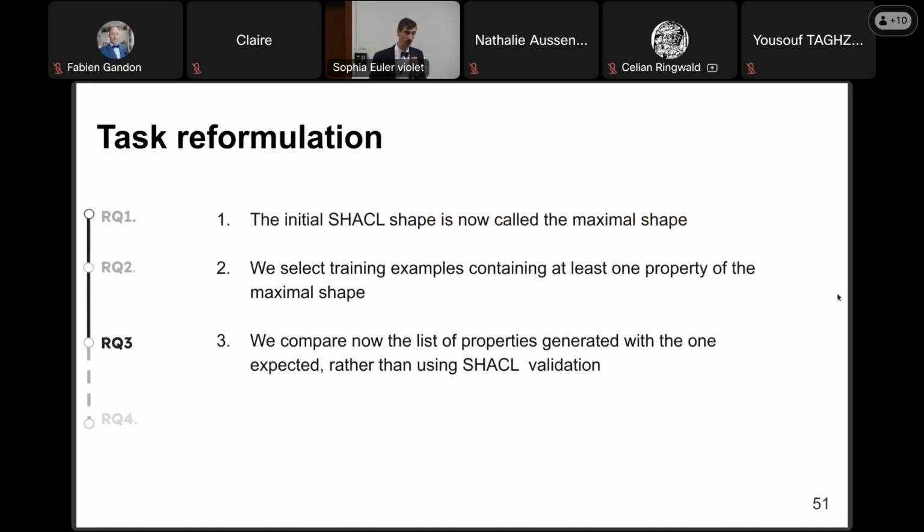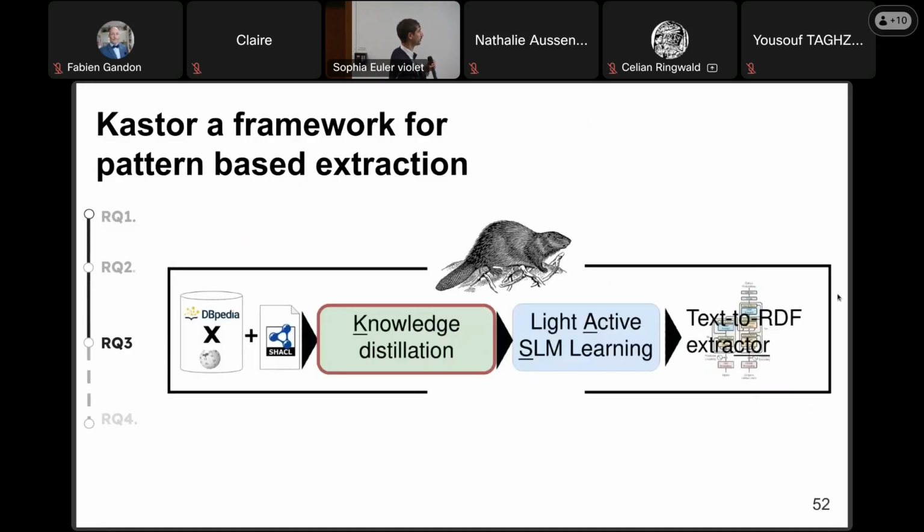So at this moment, we propose to reformulate the task. The initial SHACL shape is now called the maximal shape. We also select training examples containing at least one property of the maximal shape. And finally, we now compare the list of properties generated with an expected list, rather than using the SHACL validation at the end of the process.